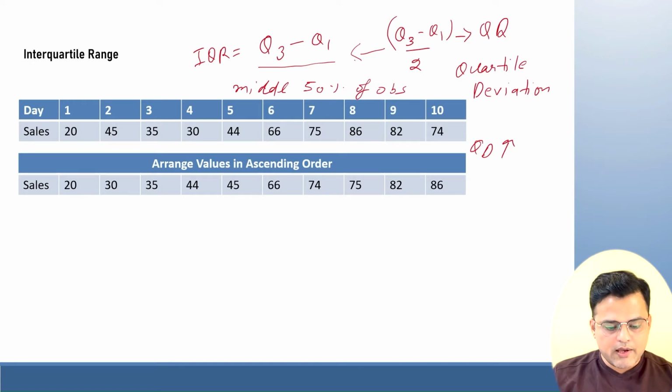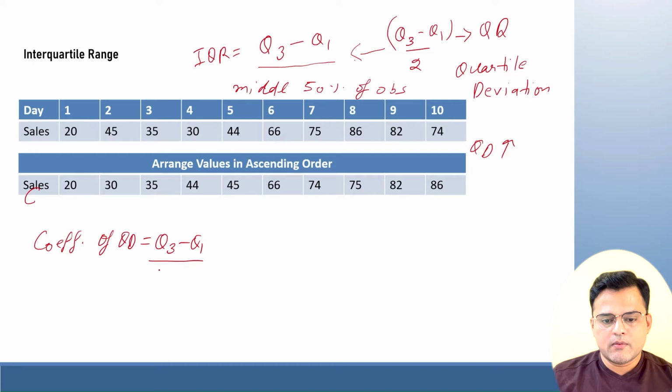So what is my coefficient of QD? Coefficient of QD is equal to Q3 minus Q1 divided by Q3 plus Q1, and this coefficient can be compared across different variables.